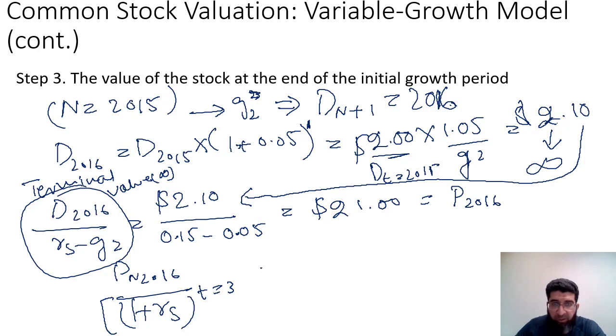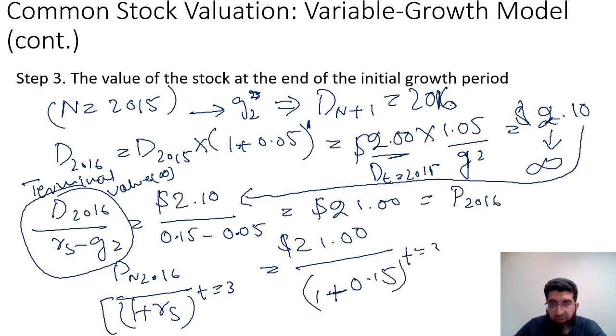So we use the value $21.00 and divide it by 1 plus 0.15 to the power 3 years, and that gives us $13.81. This is our third step of stock valuation.